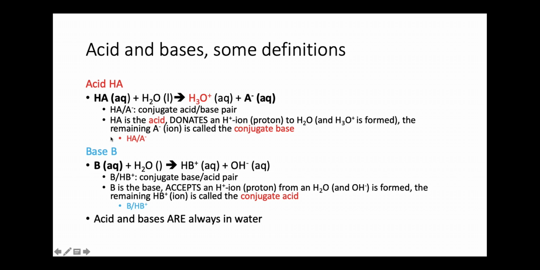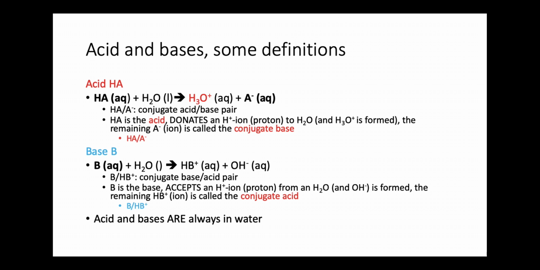That's for the acid. The base is a proton acceptor, so it accepts a proton from water, producing HB+, and what is remaining, H2O losing an H+, is OH-. So here we have the Arrhenius definition again. A base contains OH-, and an acid contains H+. And H+ is the same as H2O plus H+ makes H3O+.